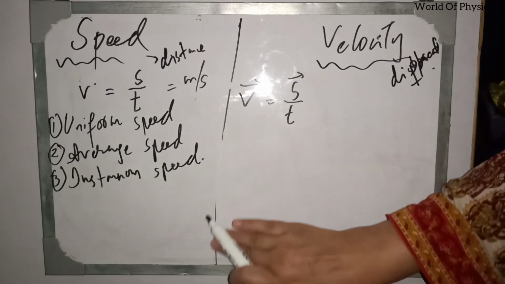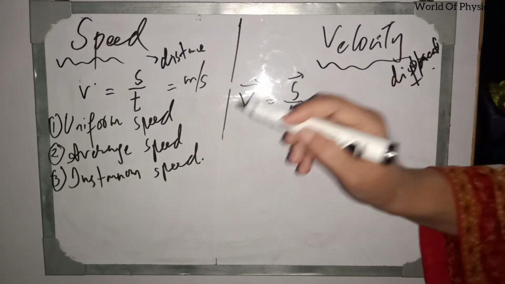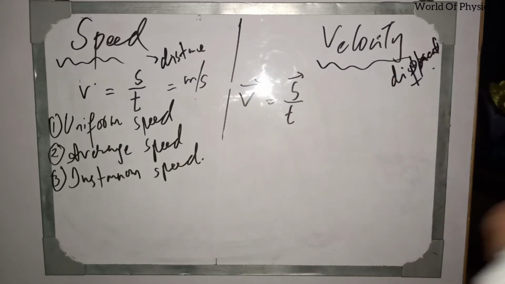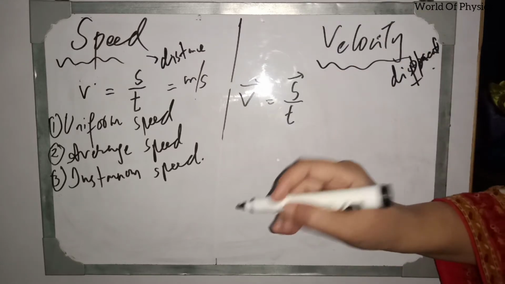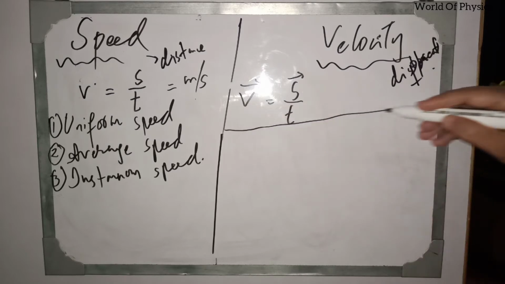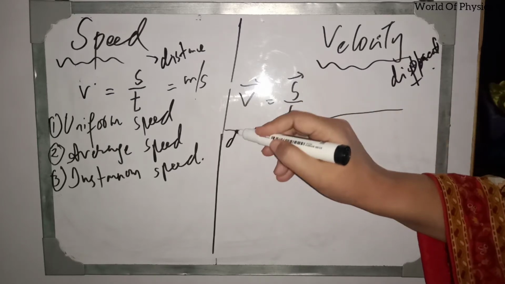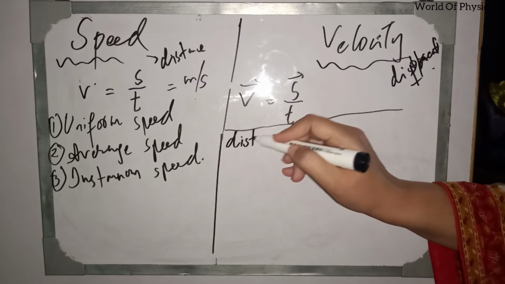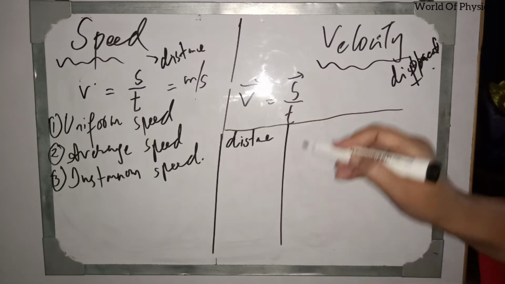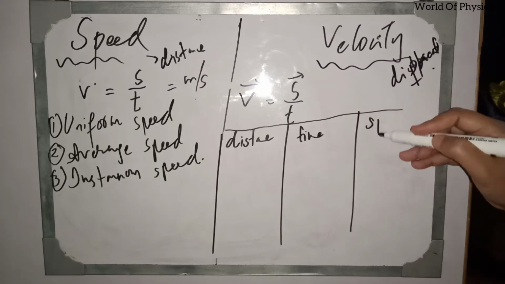What is uniform speed? If a body covers equal distances in equal intervals of time, it is said to be moving with uniform speed. For example, I am telling you a table in which first of all we will write down the distance, then the time, then we will calculate speed.